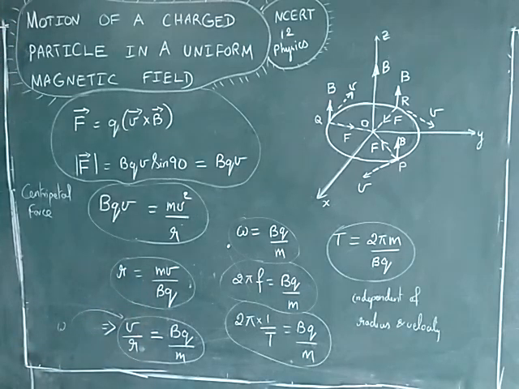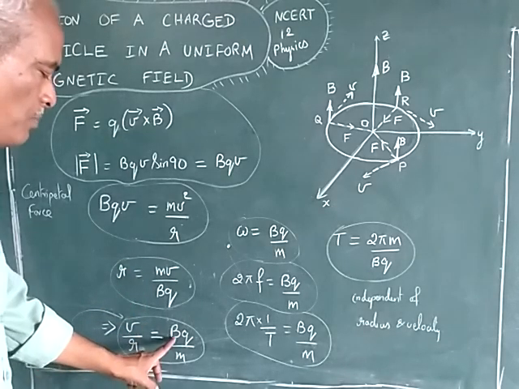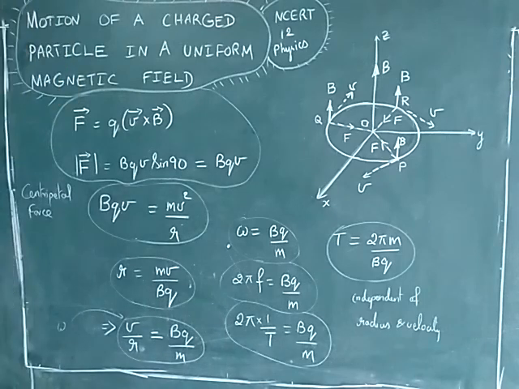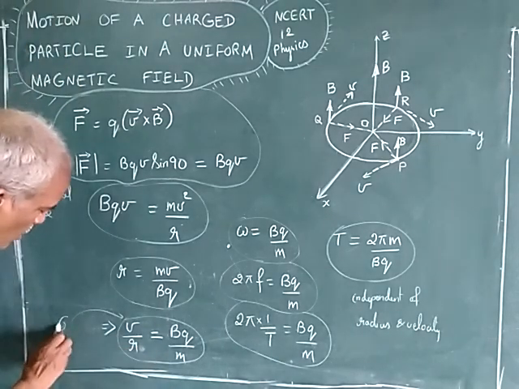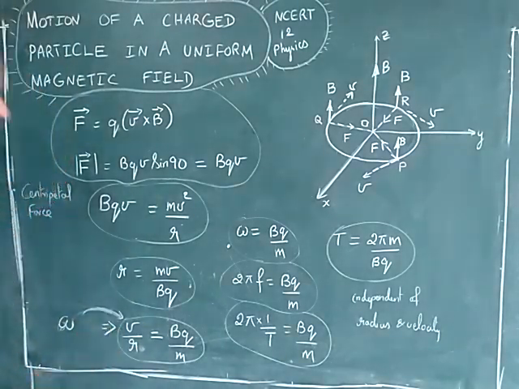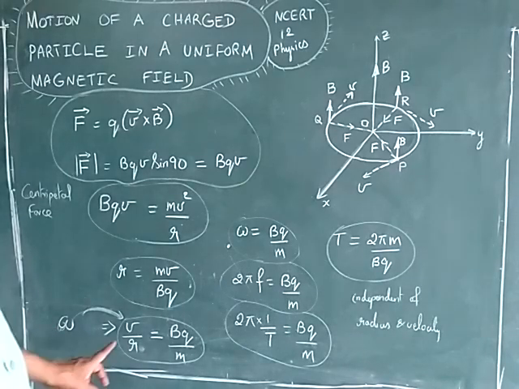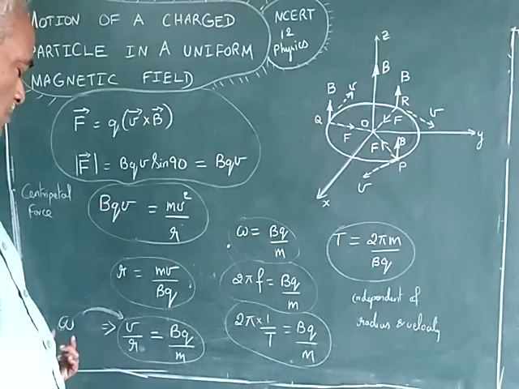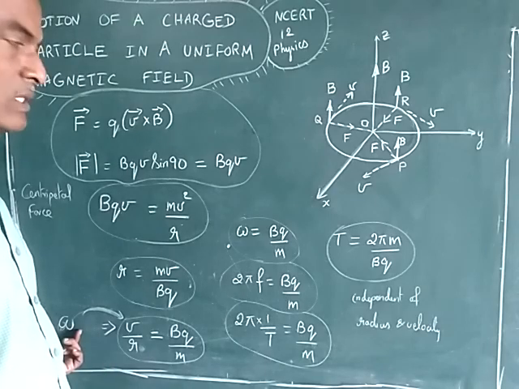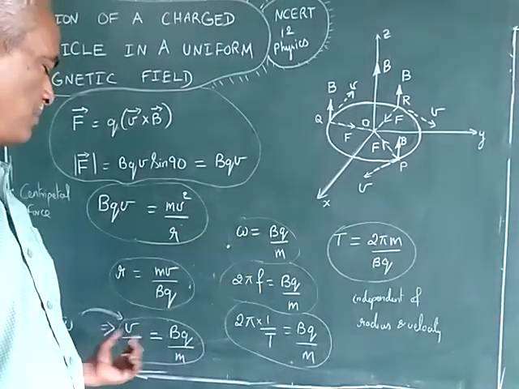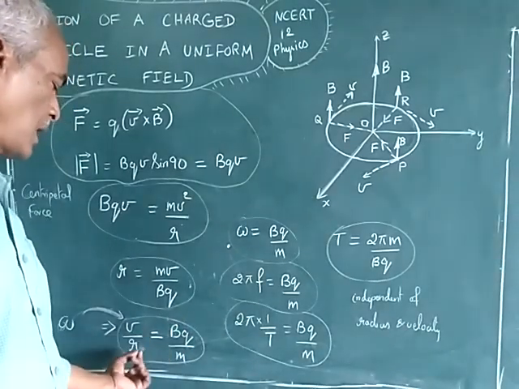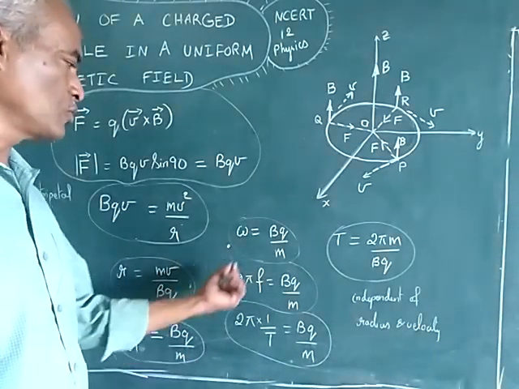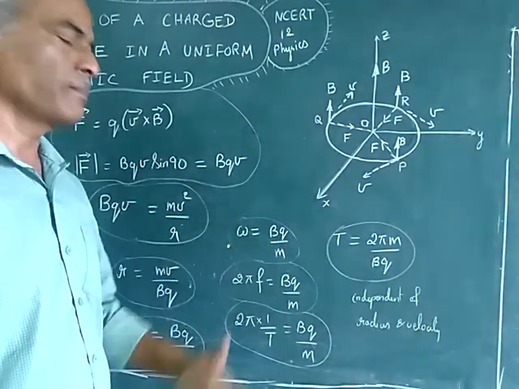So you will get V by r is equal to Bq by m. This V by r is nothing but omega, the angular velocity. So in place of velocity divided by r, which is nothing but omega, we can write omega equal to V by r, which is equal to Bq by m. So omega is equal to Bq by m.